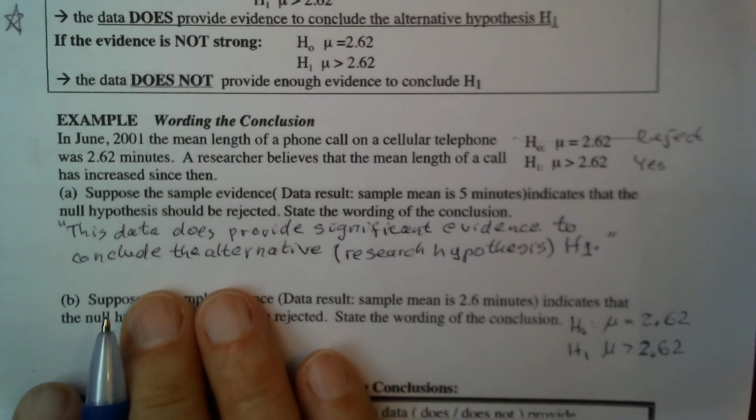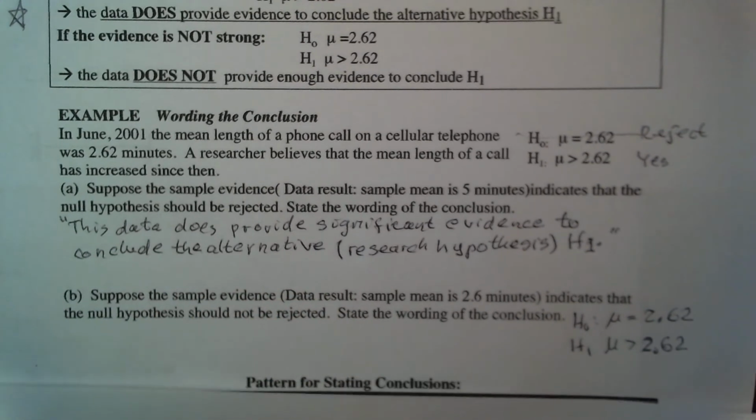In the second part, the B part, suppose the sample evidence, in other words, the data results, the sample mean is 2.6 minutes, indicates that the null hypothesis should not be rejected. State the wording of the conclusion.